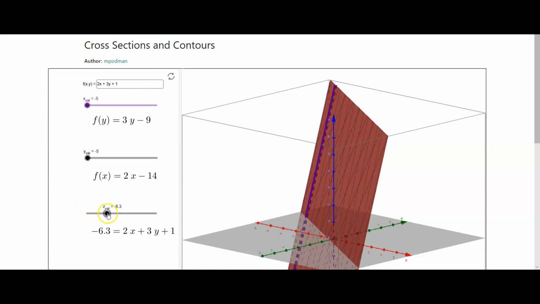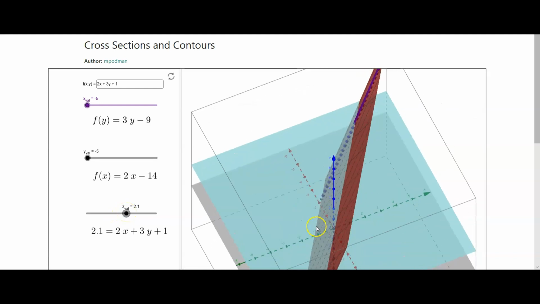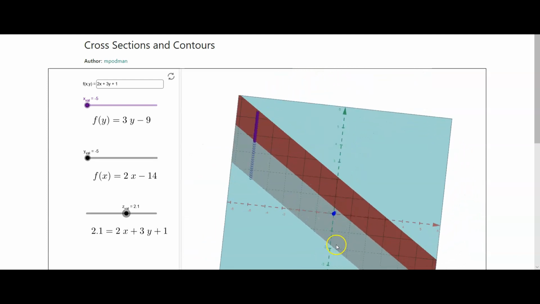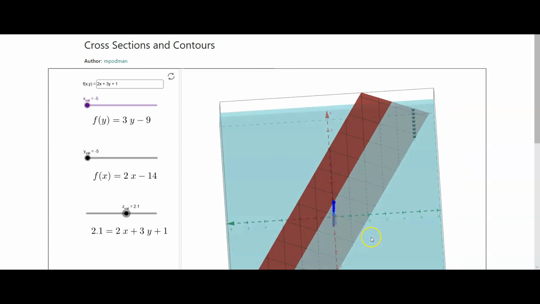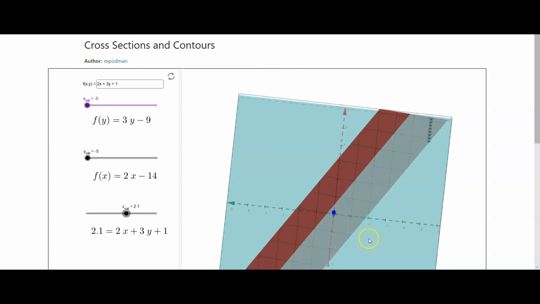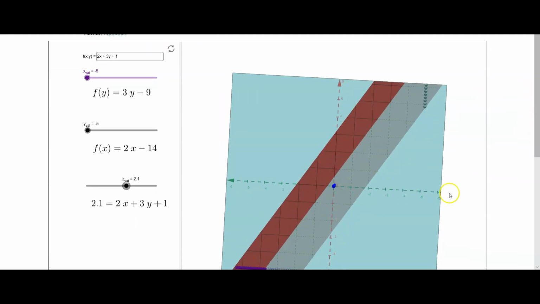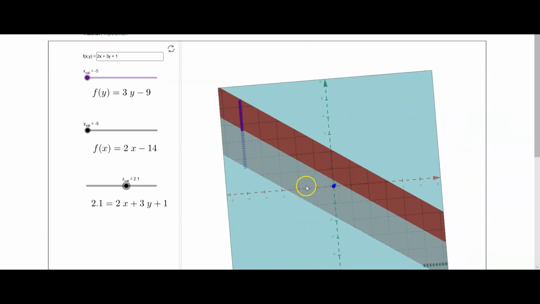Now, as I begin slicing this thing at different values of z, you can see that the cross section is in fact a straight line. Let me rotate this to get my positive axes. Now that I'm looking down at the xy plane, let's see, I want to look at this quadrant here.